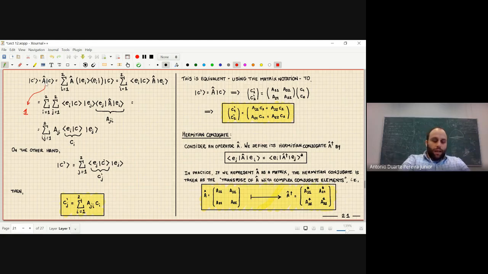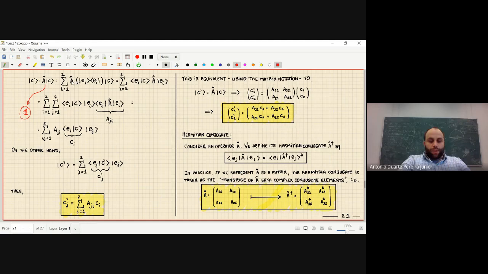So I insert the identity between A hat and C. And again, I will replace the identity by the resolution of the identity in terms of the projectors. So I insert an identity here, and then I write this identity as being the sum of the projectors.